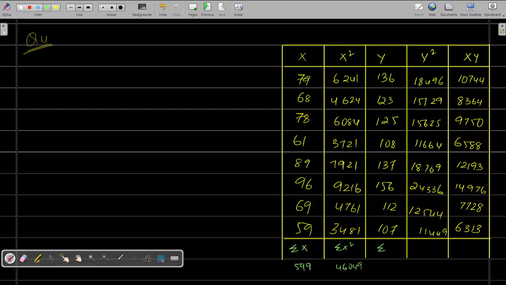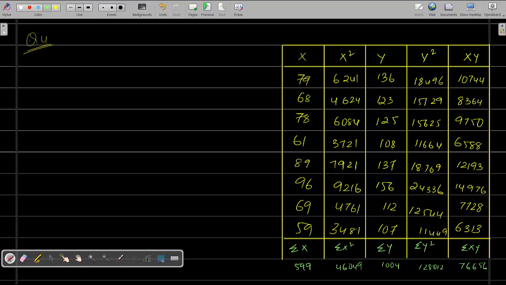Next is sigma y, you should get 1004. Sigma y square, you should get 128012. Sigma xy, you should get 76656. Clear? So please add up all this value, x value, x square, y value, y square, and xy.